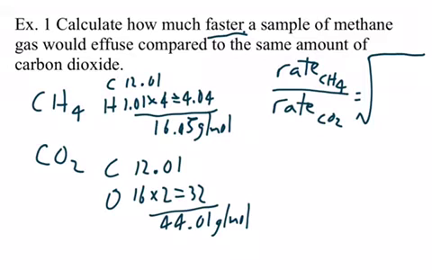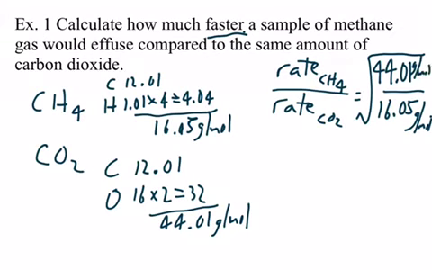When you put the molar masses, the molar mass of gas 1, which is methane, goes on the bottom. So the 16.05 goes down here, that's grams per mole. And then the heavier gas goes on the top over here, and that's 44.01 grams per mole.